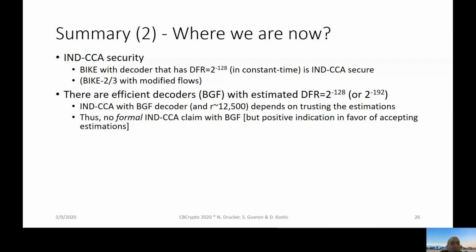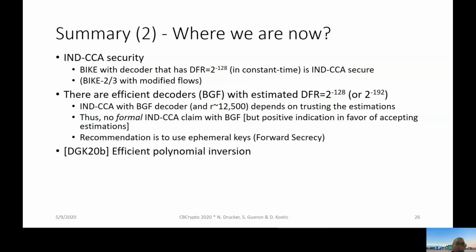So there is no formal IND-CCA claim with the BGF or with any decoder that we are aware of, but there is positive indication in favor of accepting these estimations. The recommendation was and still is to use ephemeral keys, because the forward secrecy property is what you really want, and not a fixed key. And there is no problem with ephemeral keys.